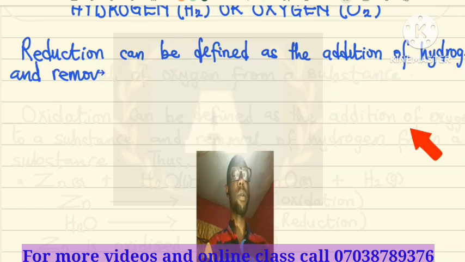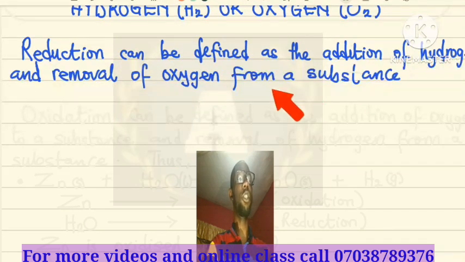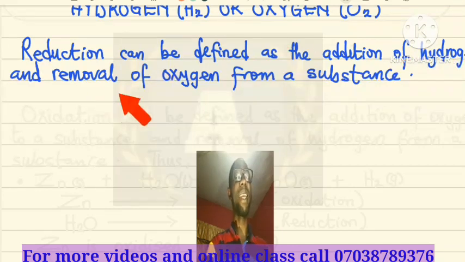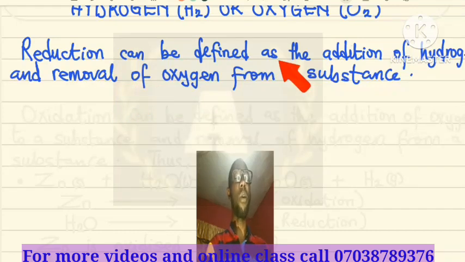So reduction is defined as the addition of hydrogen and removal of oxygen from a substance. Reduction involves the addition of hydrogen and then the removal of oxygen from a substance. That is reduction. However, for oxidation, the case is different.